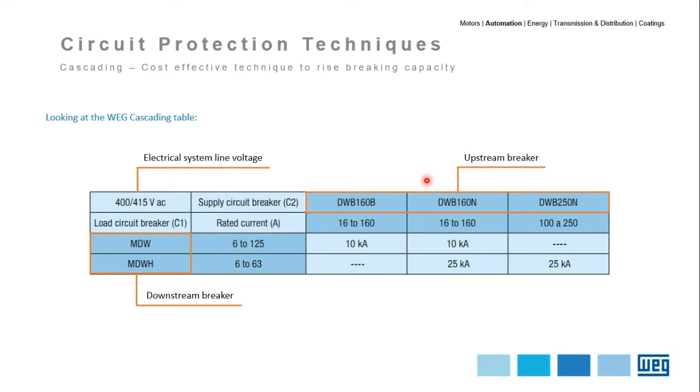Still on the top cells, you will find the upstream devices, and in the left column in the lower lines, there will be the downstream devices, which may be associated with those upstream devices. The upstream breaker that we are looking for is a DWB 160N. The downstream devices are MDWH up to 63 amps.